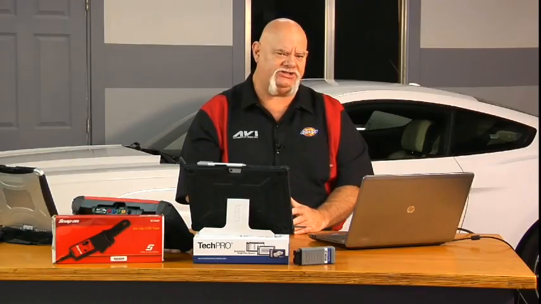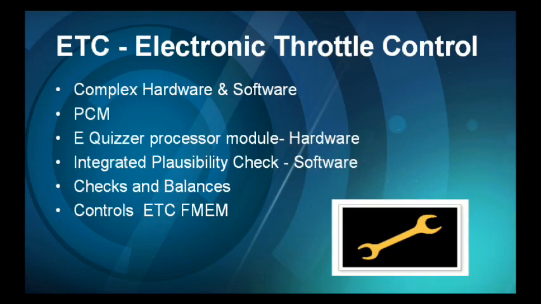Now, this Ford system does have some pretty complex hardware and software. Inside the PCM, the hardware that controls the electronic throttle control is known as the EQUIZER processor module. Now, we're all familiar with check engine lights coming on, but we may be alarmed if we see the little orange wrench light come on.